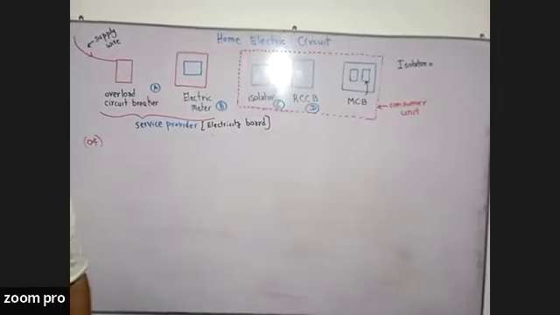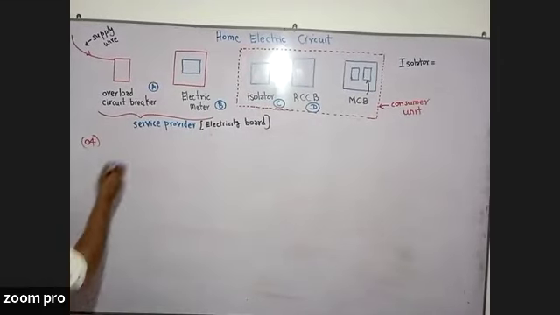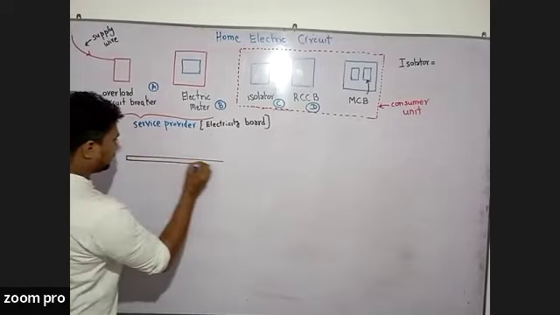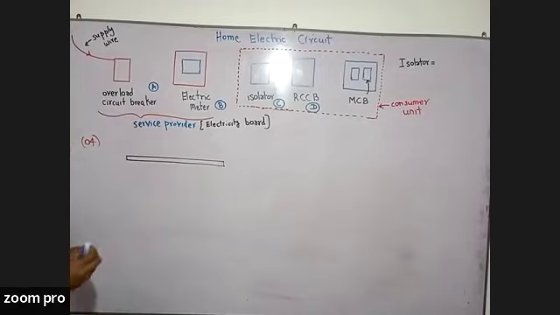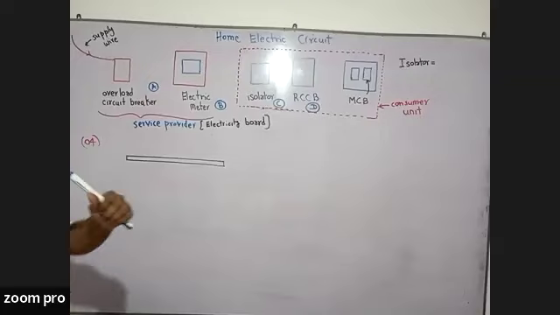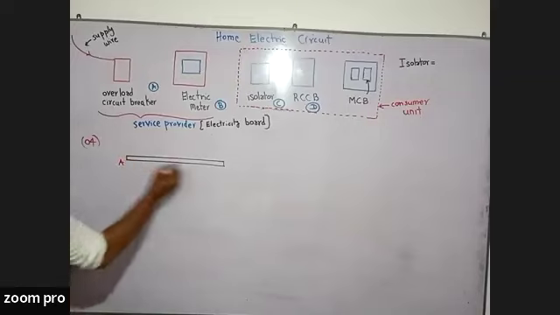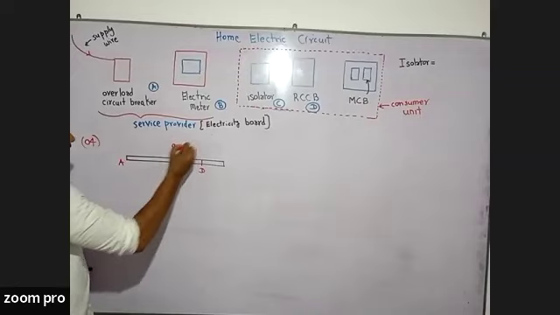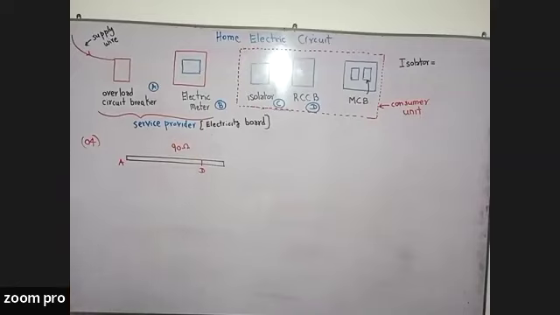So here, this is the AD wire, and the resistance of this part is 90 ohm.